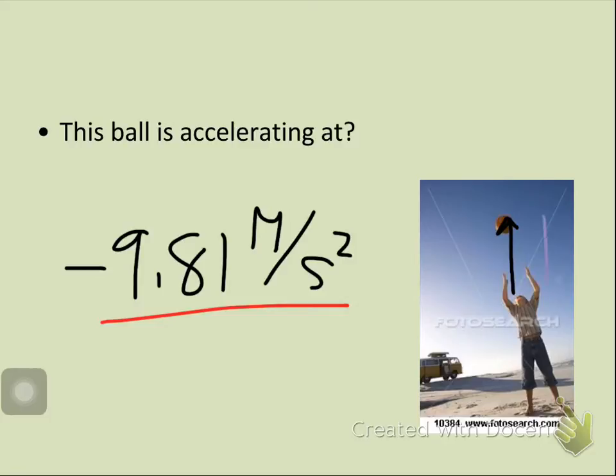As it's on its way down, guess what its acceleration is? Negative 9.81 meters per second squared. At every single moment that it's acting under the influence of gravity alone, its acceleration is negative 9.81 meters per second squared. Period. Unless there's a rocket pack strapped to it. And then it's a whole different problem.